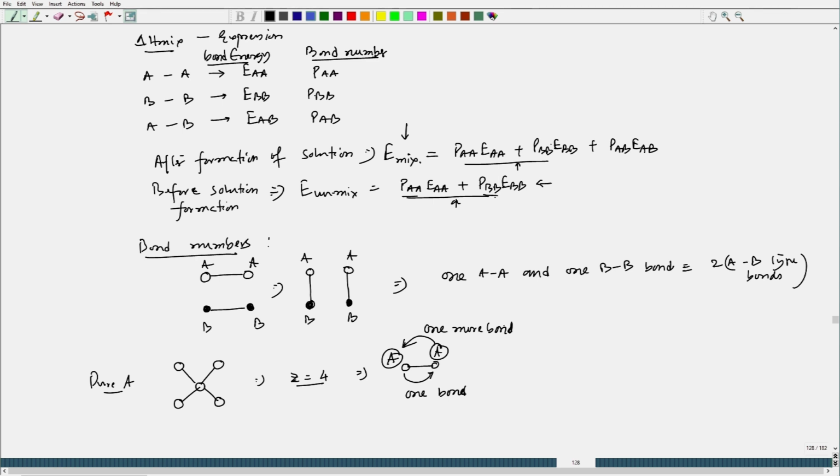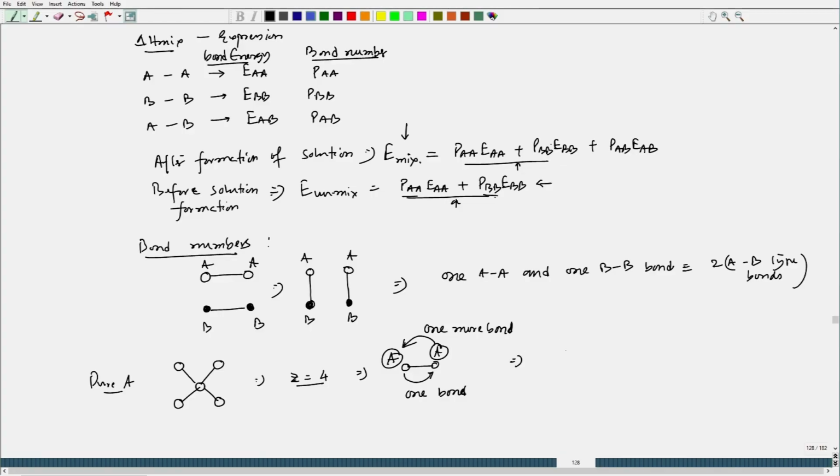But it finally leads to one bond. So, when we talk about two A atoms forming a bond, each atom is considered twice for the bond formation, but actually we have one unique bond of AA type.